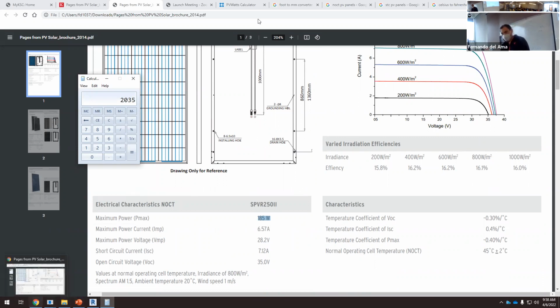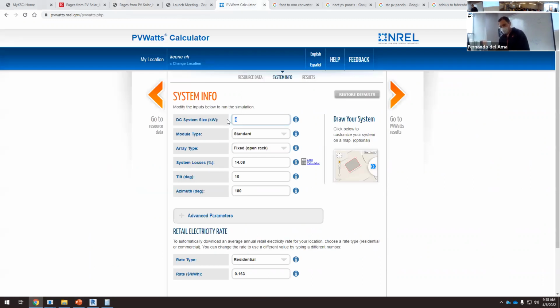So it's 2.035, about 2 kilowatts. So this is the DC system size.